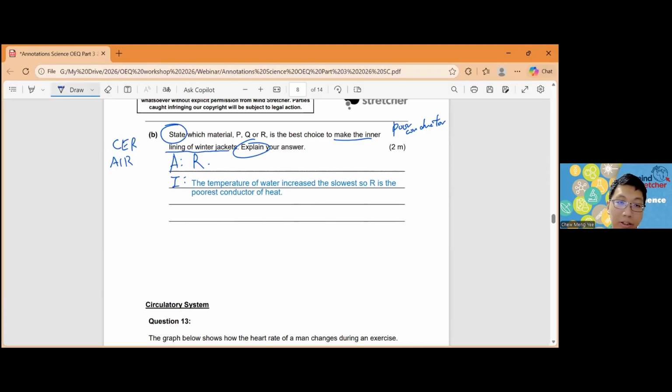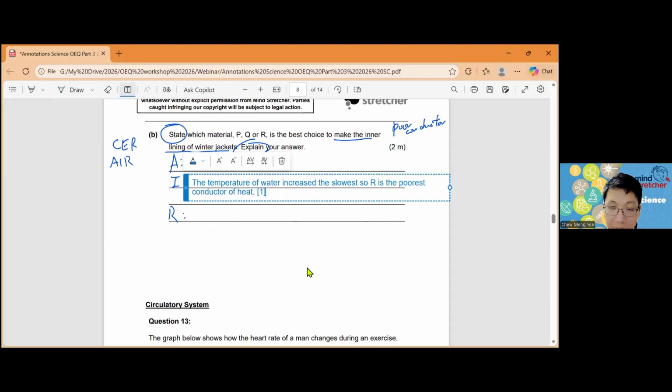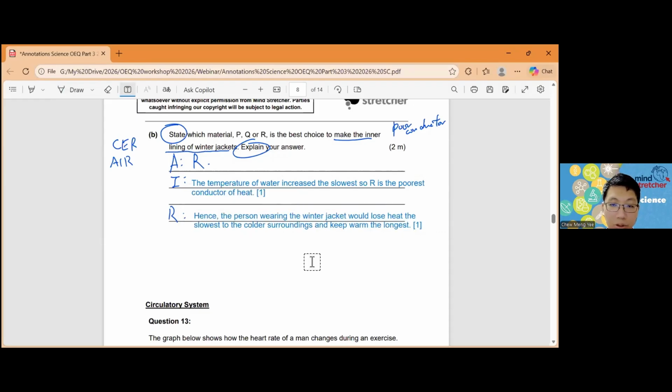Then finally, your reasoning. How do you link them together? So what if it's the poorest conductor of heat? You must link it back to your application, winter jackets. Your first mark comes from the information here. So you link it back to your winter jacket.